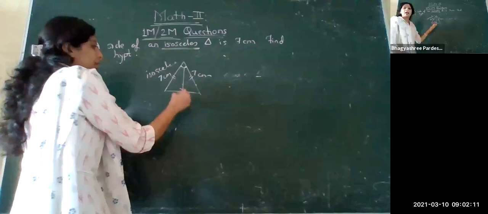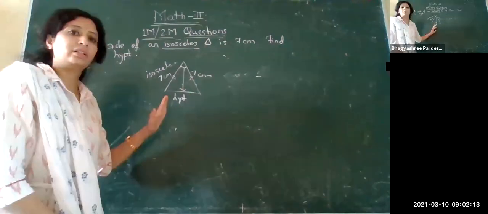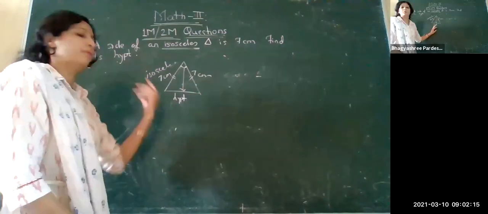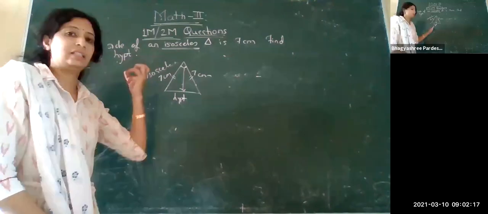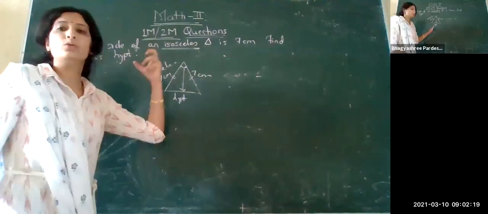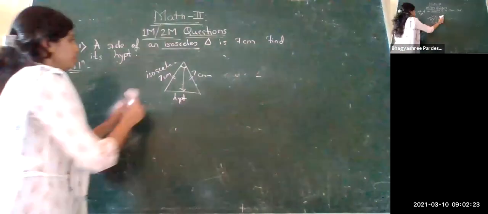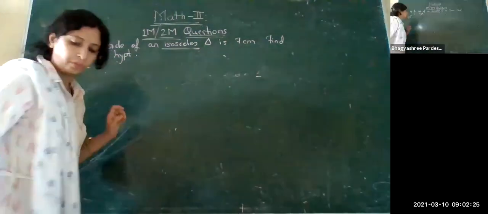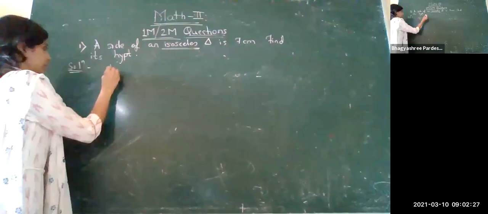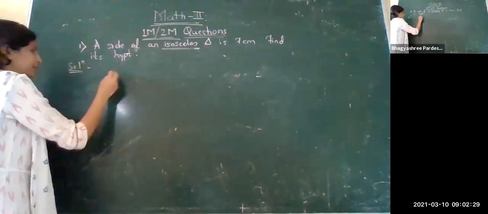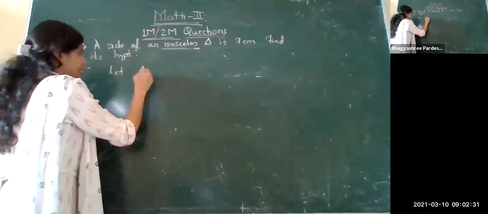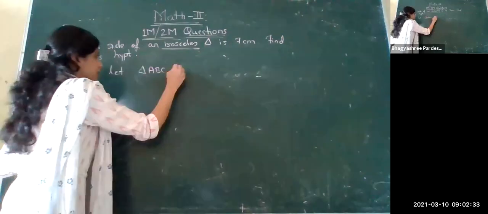You know very well that if we have a right angle triangle, we can directly use the Pythagoras theorem. So by the Pythagoras theorem, firstly let's name the triangle. Let triangle ABC be an isosceles triangle.